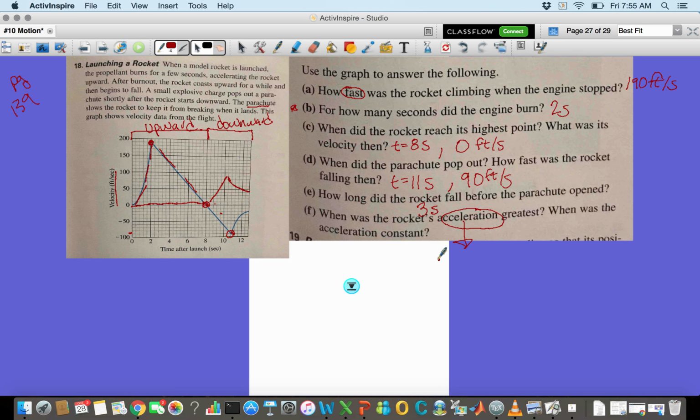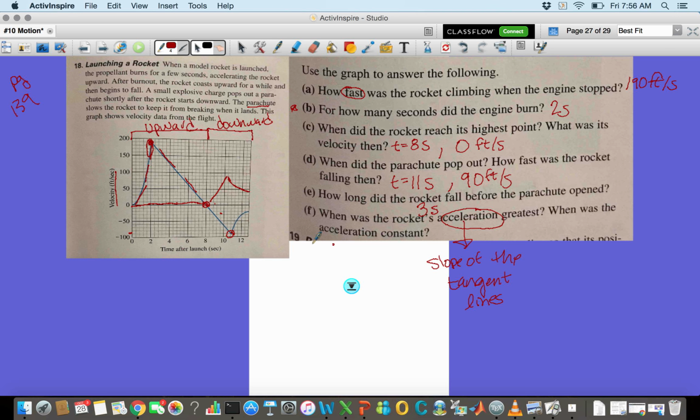So I'm going to write that out. This is the slope of the tangent lines. So when is that slope the greatest? I would say it's about right here. Those lines are almost vertical, so they have really steep slopes.